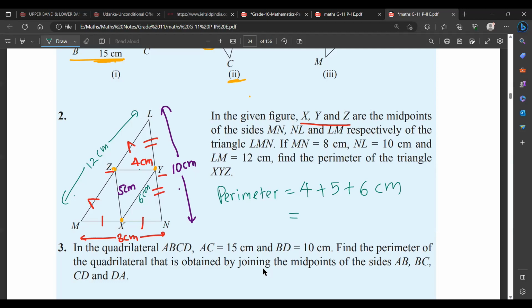This is the midpoint, okay? According to that, this is 5. And these are the midpoints, according to that, this is 6. Now add together. 4, 5, 9, 9 plus 6. Tell me 15 centimeters. So XYZ should be equal to 15 centimeters. You can take like that, no? Okay. Write down.